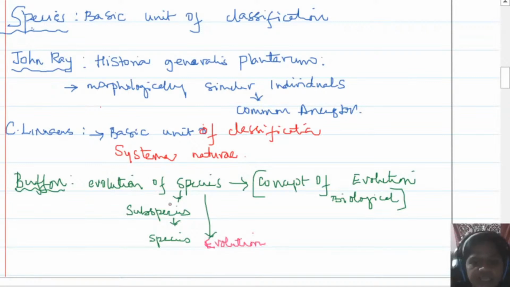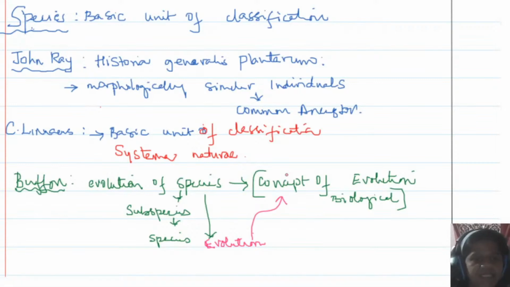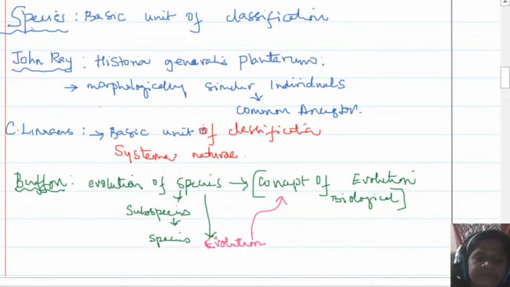So according to him, the evolution of species lays a foundation to the concept of evolution as a biological concept. Because at the basic level, this is where the evolution is happening. On a broader scale, we call it evolution. This is by Buffon. And the book he wrote was Natural History.